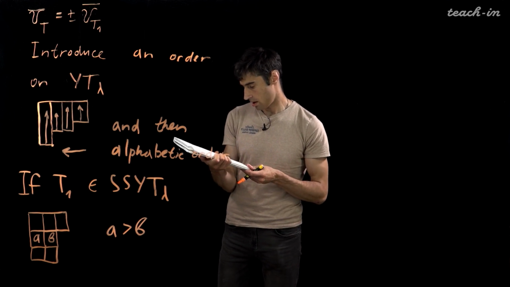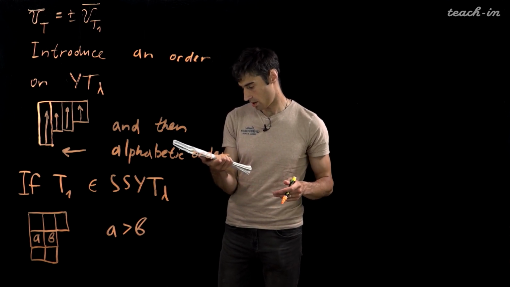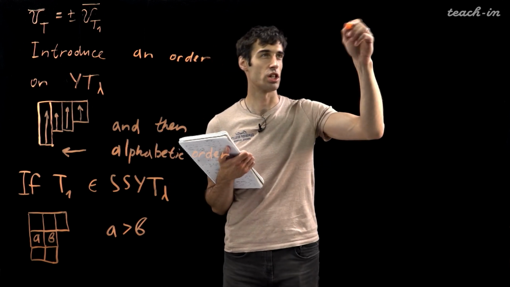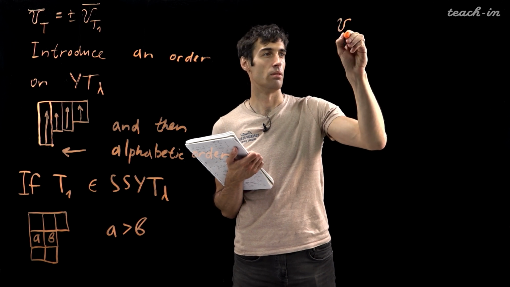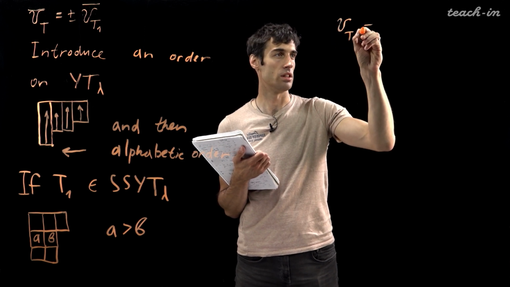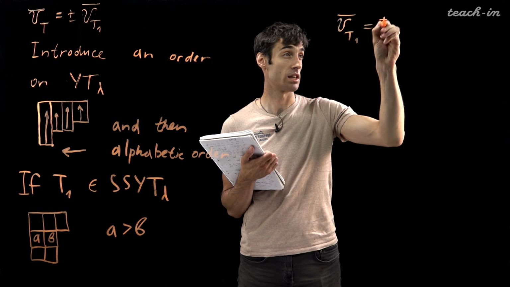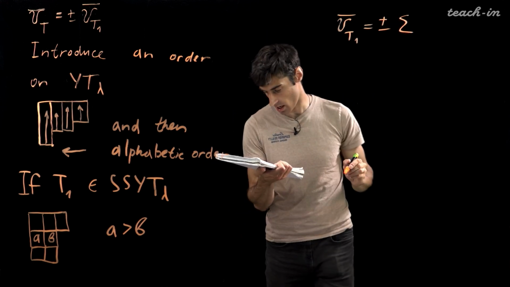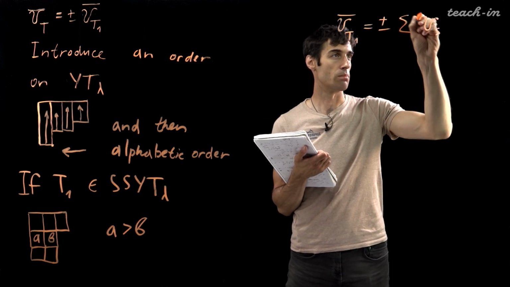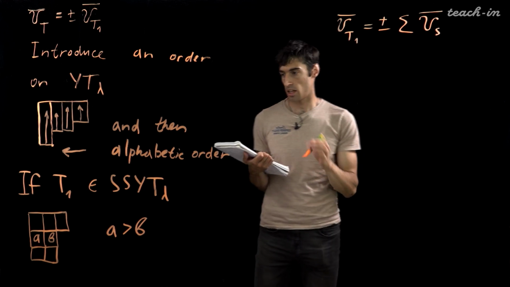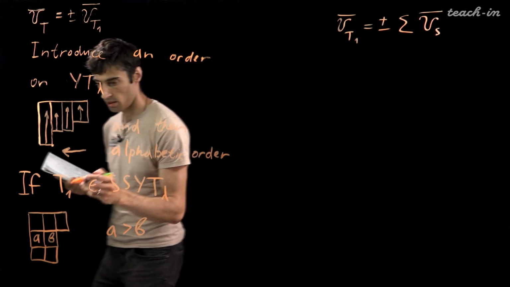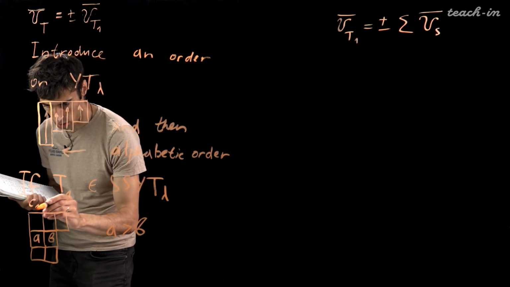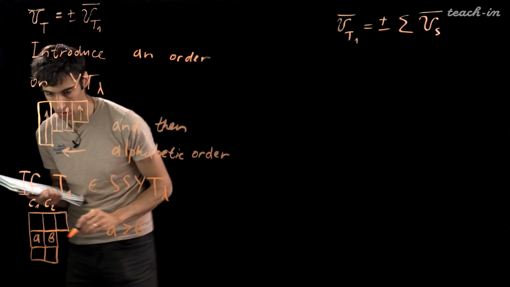Okay, but then we have this exchange relation: v_T1 bar is plus or minus a sum over v_S bar. And these exchanges we do for the chosen columns, C1 and C2.